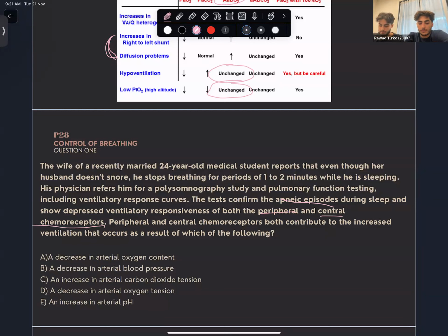So peripheral and central chemoreceptors both contribute to the increased ventilation that occurs as a result of what? Literally the whole question we didn't need. Basically, what makes peripheral and central chemoreceptors increase ventilation? That is the question.